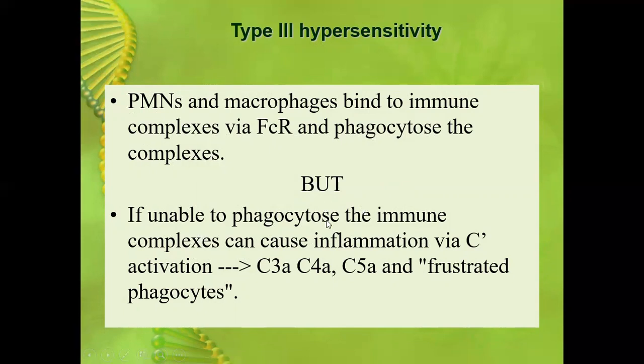But if they are unable to phagocytose the immune complex, then what happens? It causes inflammation with the release of complement activations like C3a, C4a, C5a, and frustrated phagocytes. So all these cause the release of the complements, and these complements cause lysis of the cells.